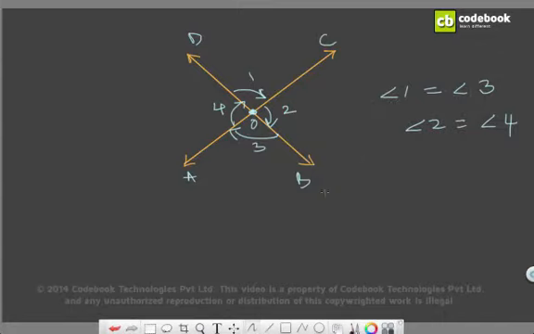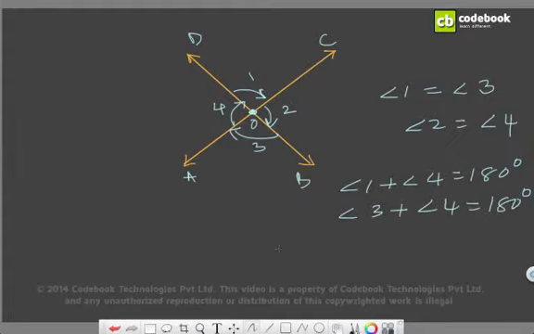We know that angle 1 plus angle 4 is equal to 180 degrees based on the linear pair axiom. Similarly, angle 3 plus angle 4 is also equal to 180 degrees based on the same linear pair axiom, which is if a ray is standing on a straight line, then the sum of the adjacent angles formed is always equal to 180 degrees.